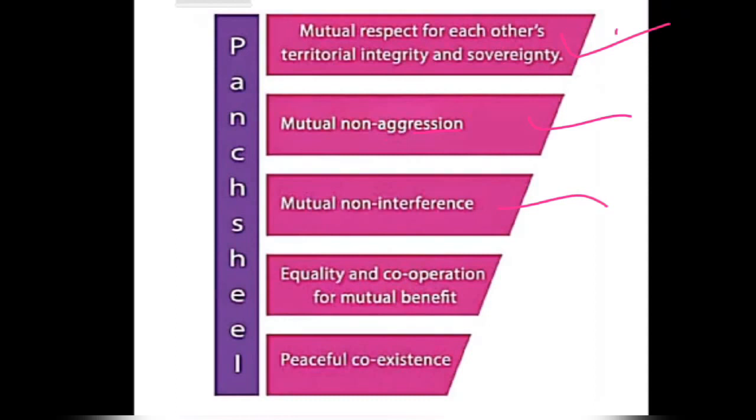Then the fourth point, what is given? Equality and cooperation. Each and every country should have equality. What is the quality? Equality. All are equal, and cooperation for mutual benefit. All the countries should get the same provisions.